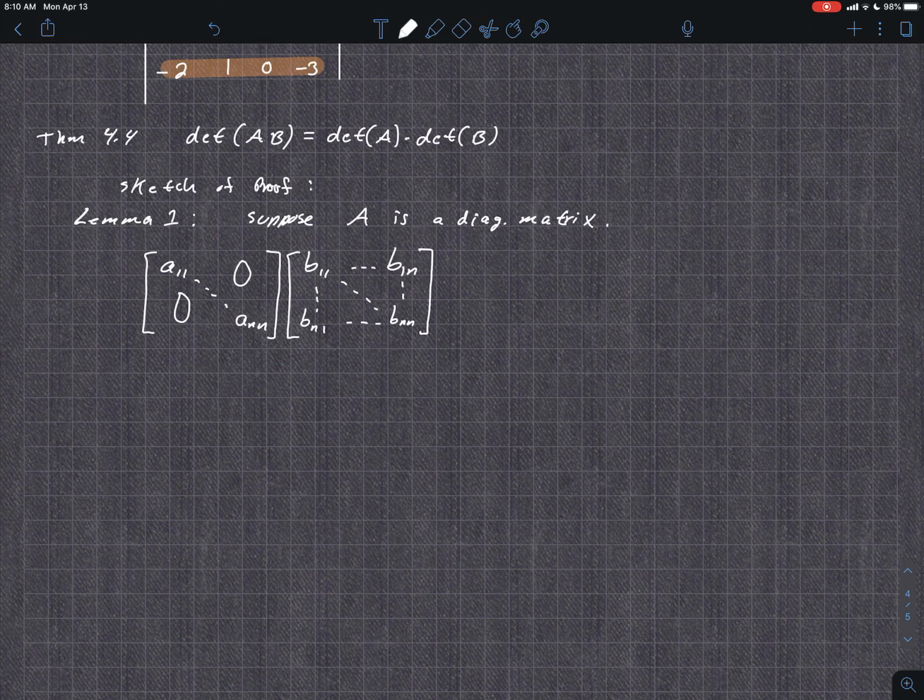If you look at the determinant of that whole thing, you can picture the product of this diagonal going into each row.